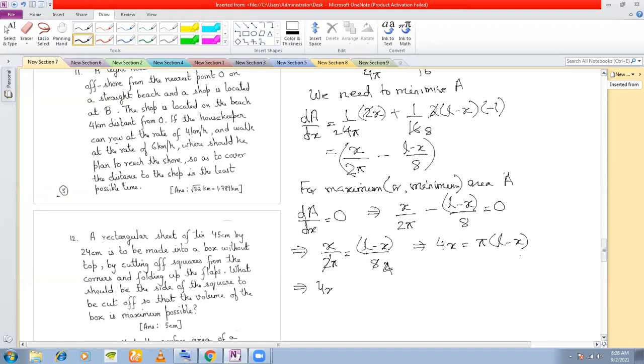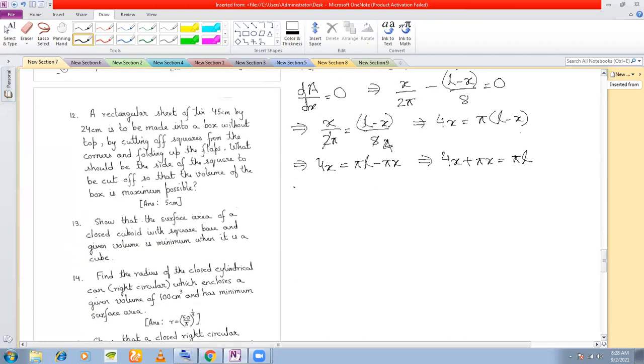That means 4x is equal to pi L minus pi x, so 4x plus pi x is equal to pi L. Means x times (pi plus 4) is equal to pi L. That means x is equal to pi L divided by (4 plus pi). This is the value of x.